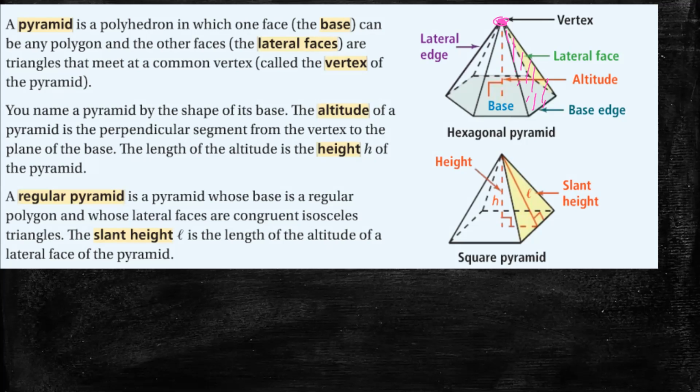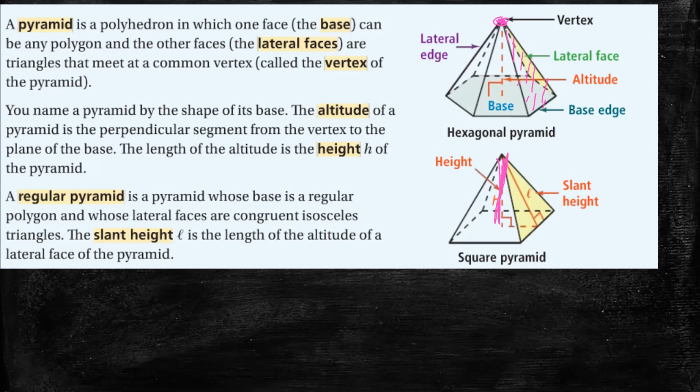Now we will talk about two things, the slant height and the altitude. The altitude is a line segment that comes from the vertex, perpendicular to the plane of the base.